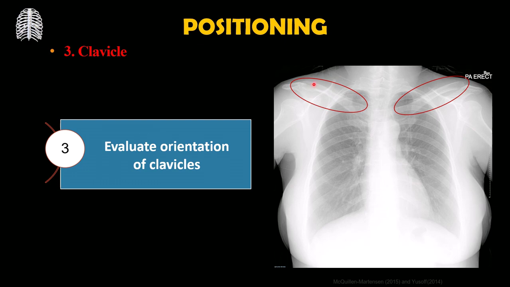Here we can see that both right and left lateral ends of clavicle are elevated. It is not at the same horizontal plane with the medial end of the clavicle. Therefore, in order to improve the patient's positioning, we need to ask the patient to depress their shoulders.